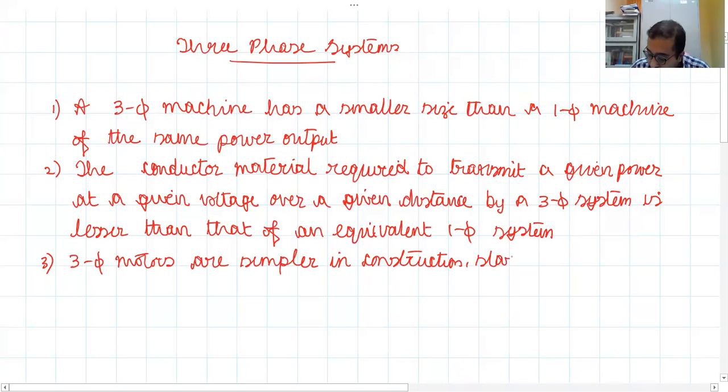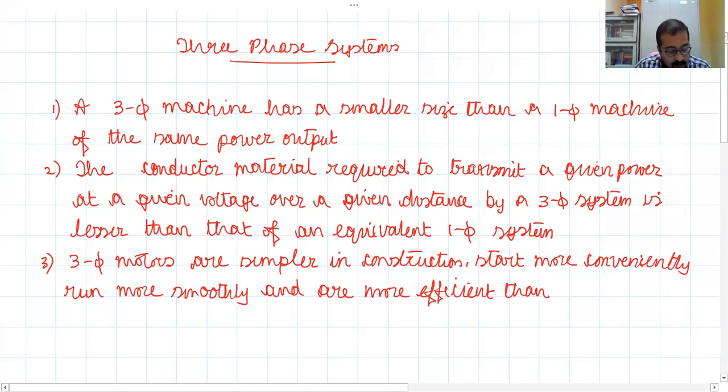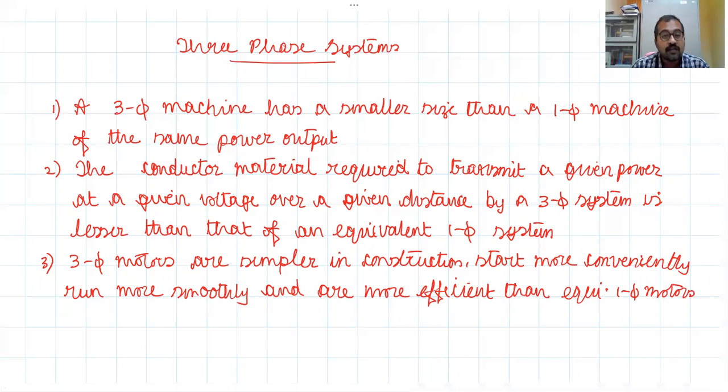They start more conveniently, run more smoothly, and are more efficient than equivalent single phase motors. So because of these inherent advantages over single phase systems, we commonly use three phase systems.